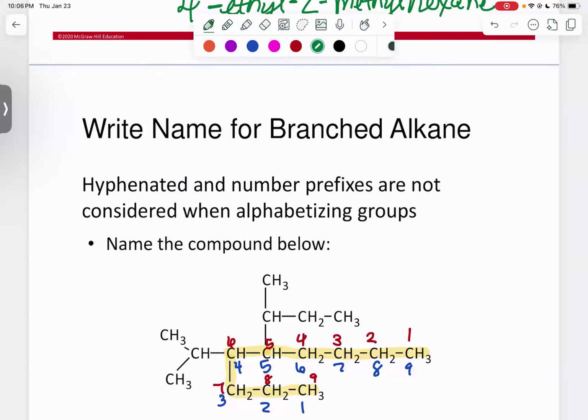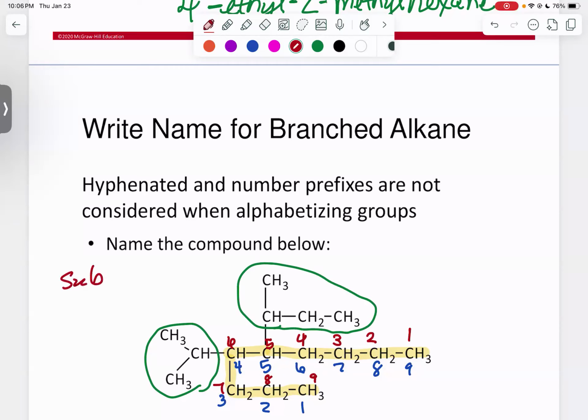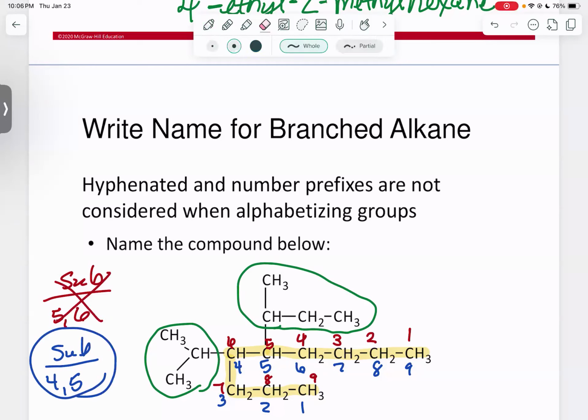All right. And then this is a substituent and this is a substituent. If I do it in the red, my substituents are at 5 and 6. If I do it in blue, my substituents are at 4 and 5. So 4 and 5 are smaller than 5 and 6, so that's the one we're going to go with. We are not going to go with the red, and I'm going to go ahead and erase the red numbers. So this is just our stepwise process.